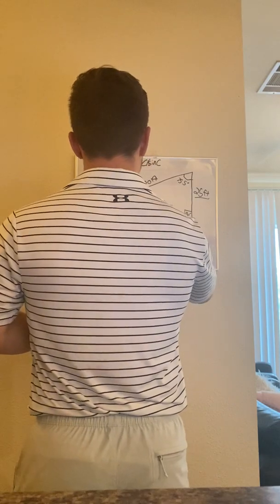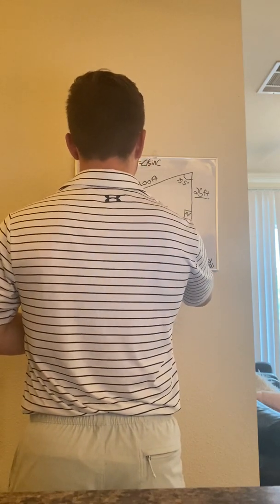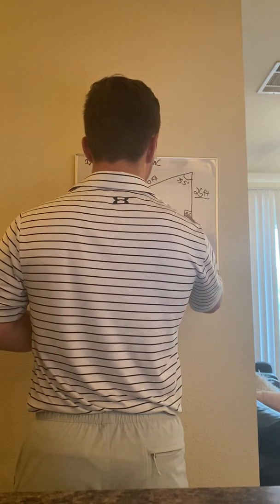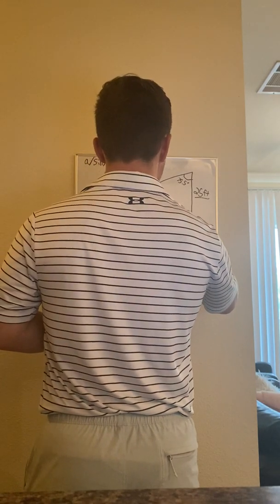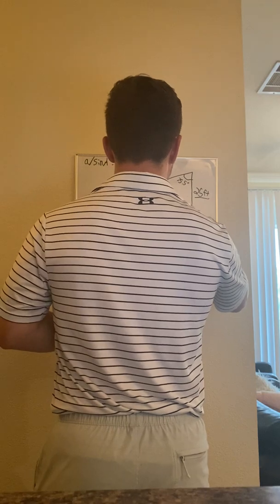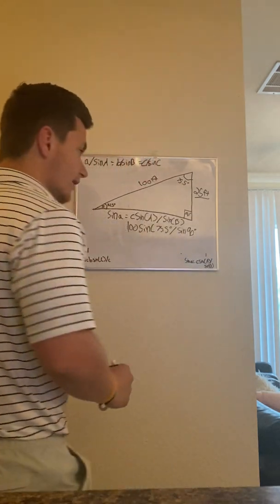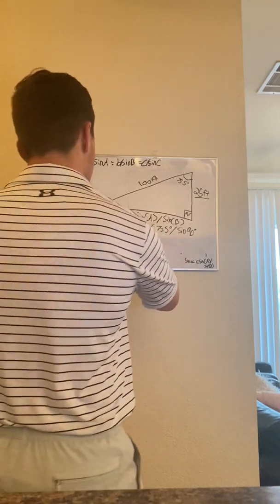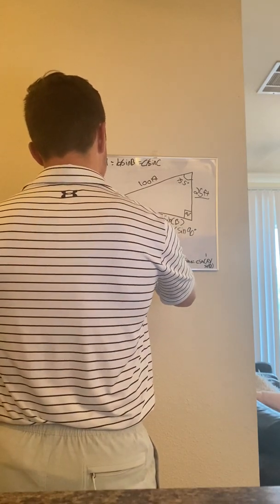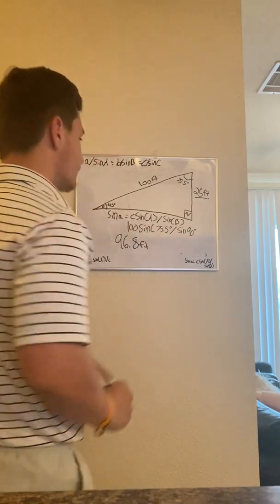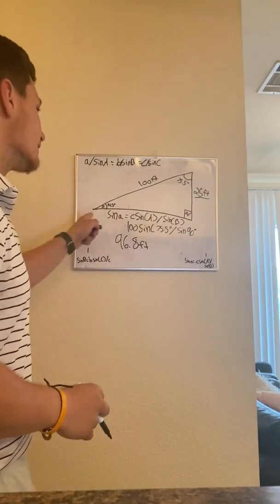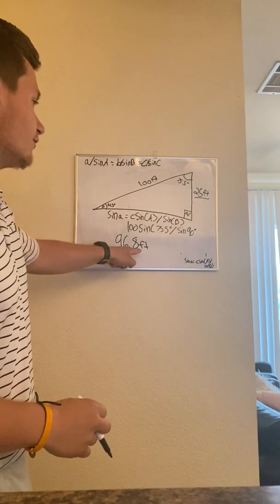So that would be 100 sine of 75.5 degrees over sine of 90 degrees. And this equation plugged into our calculator gives us 96.8 feet. So the distance in between these buildings is 96.8 feet.